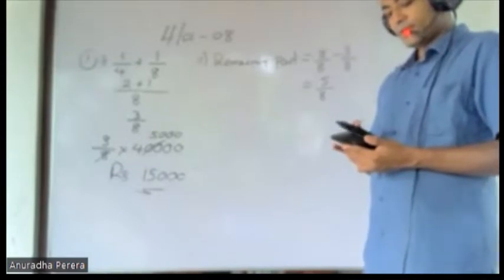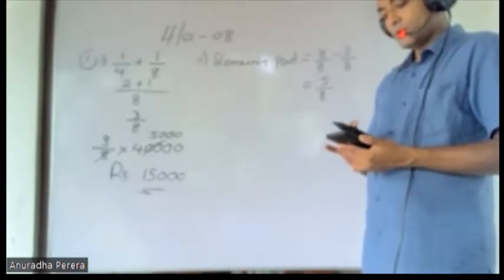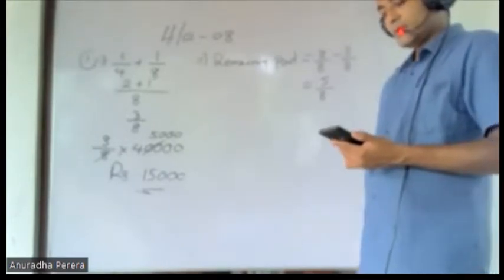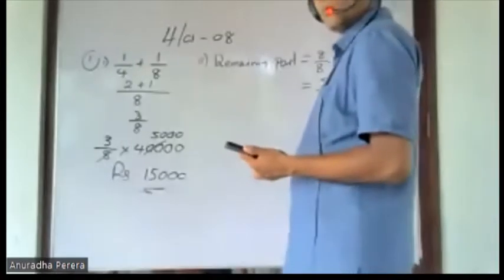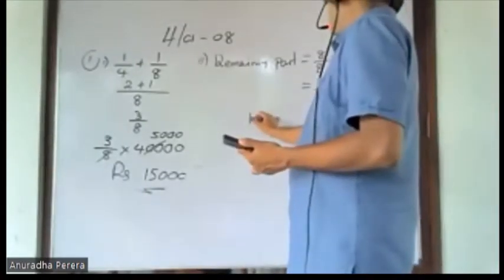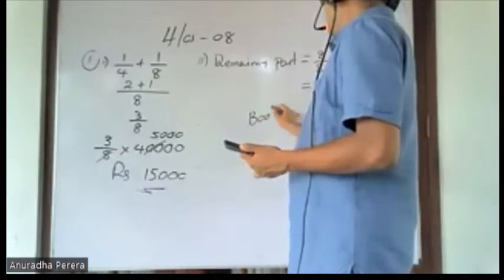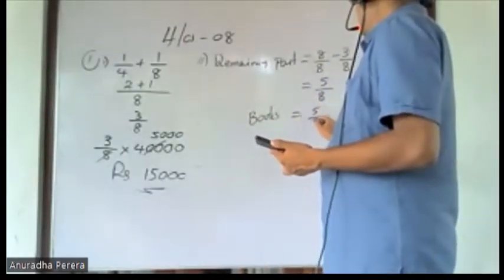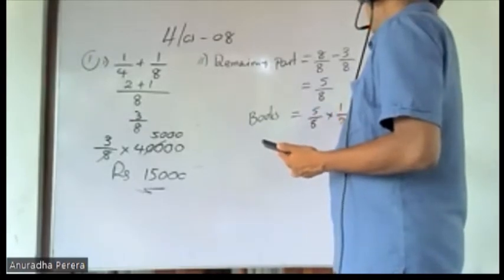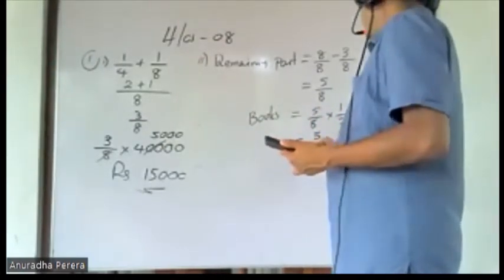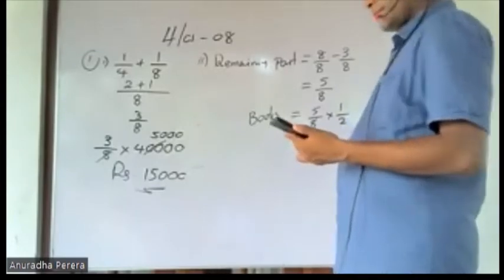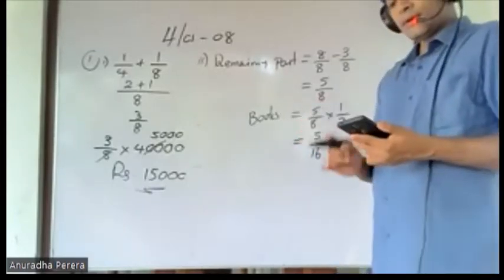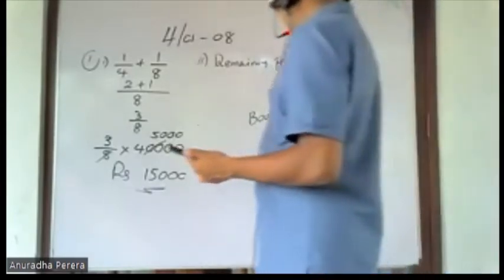Then what fraction of the salary is spent on books? 1/2 of the remaining amount was spent for books. For books, 5/8 into half, 5/16, right? Third one, find the amount he spent on books.